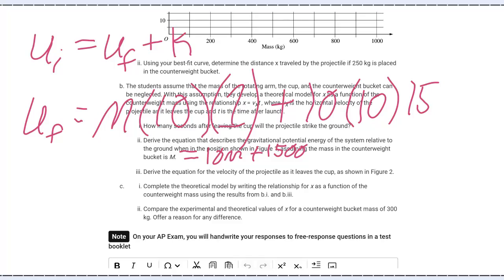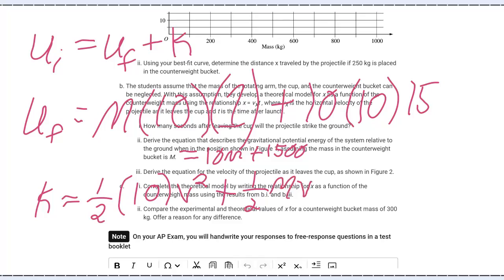All right, now let's figure out our K. Well, of the projectile, 1/2 mass of 10 times v squared. And then we have to add that to the kinetic energy of the bucket, 1/2 m v squared. Well, now we have an equation, and we can solve for v.